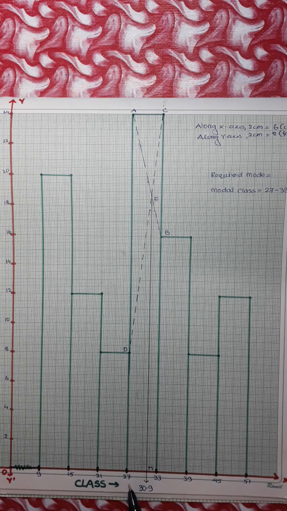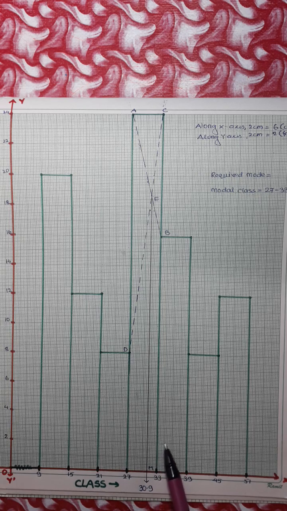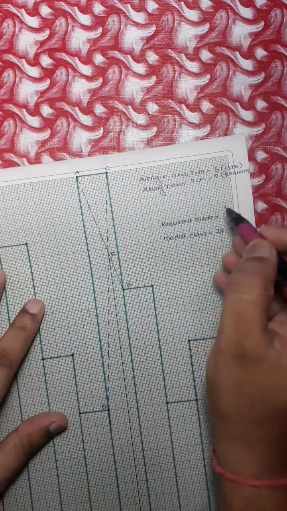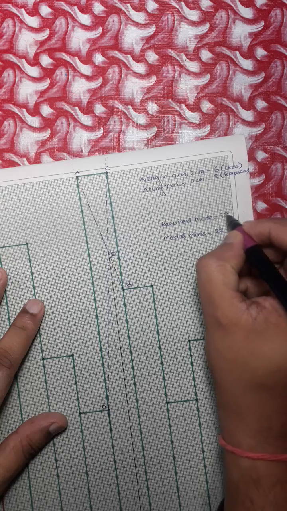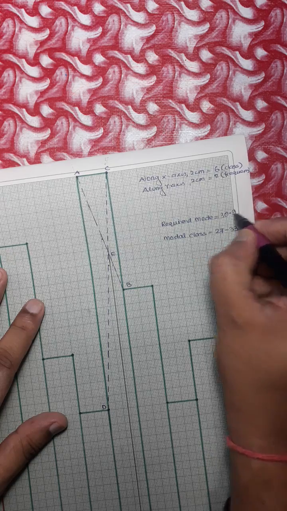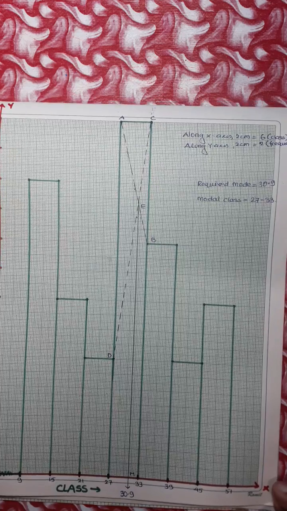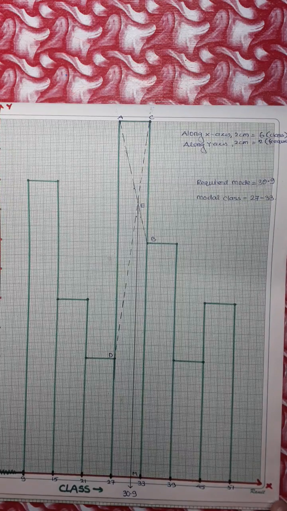So 6 divided by 20 into 13, if you do so, you'll get 3.9. Okay, so 3.9 plus 27 will be 30.9. That means the required mode is 30.9. Okay, I hope all of you have understood this. Thank you.